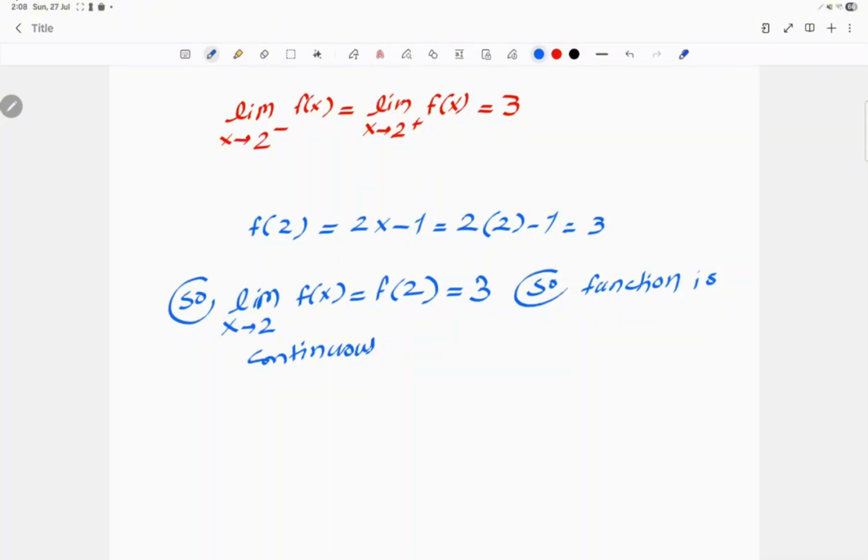So two things have to be met. The limit has to exist, and the limit must be equal to the function, which means they're both 3 in our case. The function is going to be continuous. Okay. Let's make another example here. A piecewise function again.